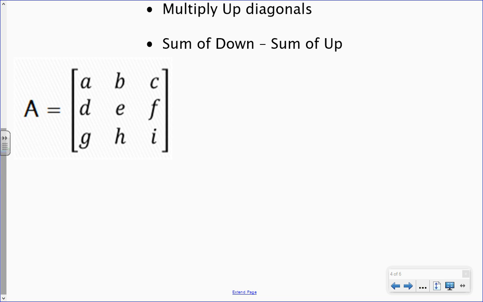The right column is C, F, I. Do you agree? Okay, so we're going to recopy everything but that column. So our first column is A, D, G, and our second column is B, E, H. Okay, so everything except the right column.